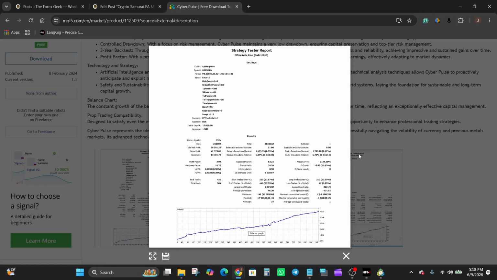Alright, so the focus is on how the balance develops over time and how the EA behaved across different market conditions during that tested period. From the strategy tester report that we have here, initial deposit is $10,000.